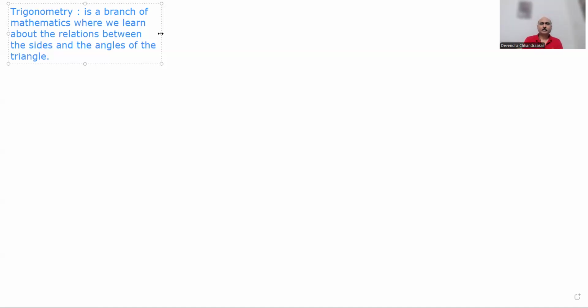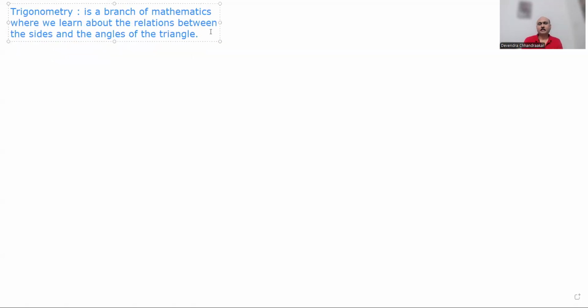The triangle which we will learn about in today's session is a right angled triangle. All of you, please pay attention. We are dealing with a right angled triangle.